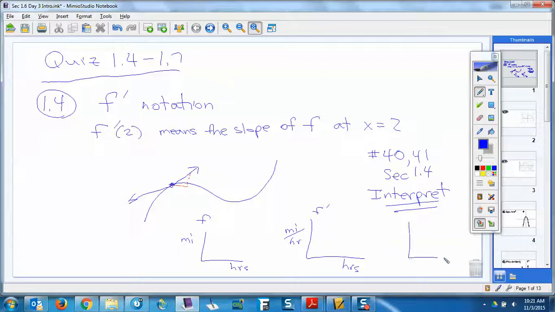And if you were going to do F double prime, that would be what in this scenario? Miles per hour per hour. You can do miles per hour squared, but it's also miles per hour per hour. And it's always when you do the derivative, it's the y units divided by the x units. So F double prime means the derivative of F prime, so it'd be that over that kind of thing.